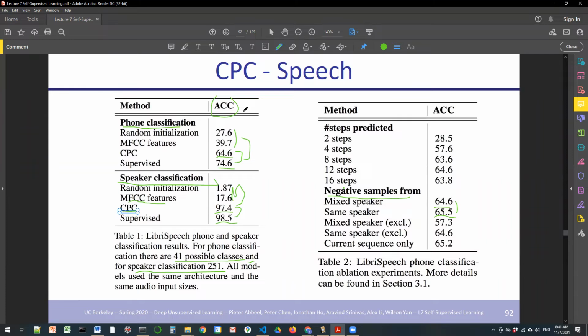So accuracy means being able to predict the correct identity of one of 251 speakers in the case of speaker classification, and in the case of phoneme classification, it's the same speaker, but you need to be able to identify the phonemes of one of 41 possible classes. So that's what you do, and that's how you score the accuracy, right?